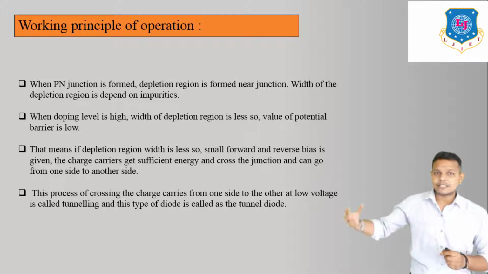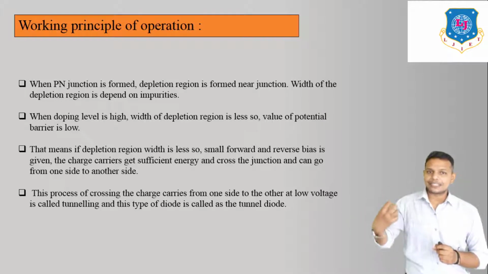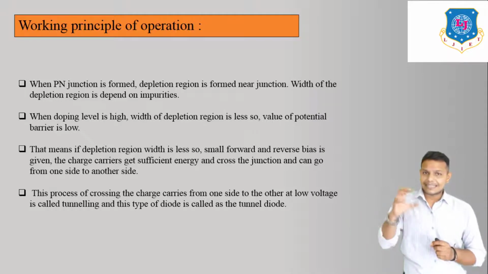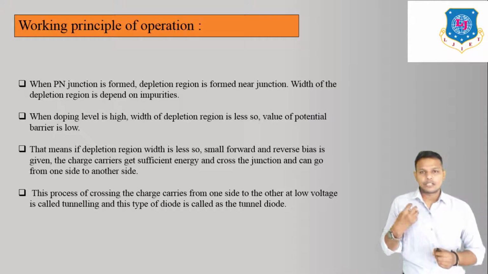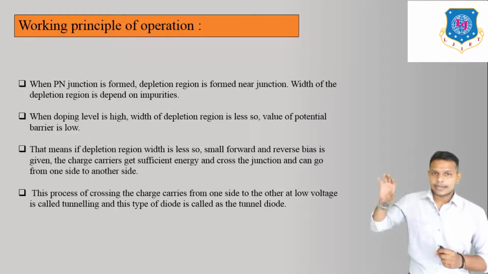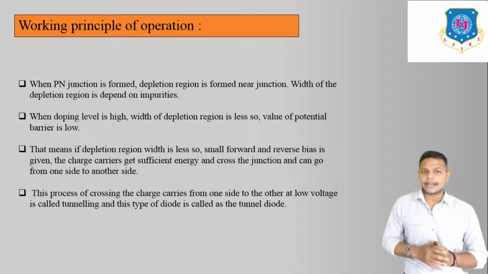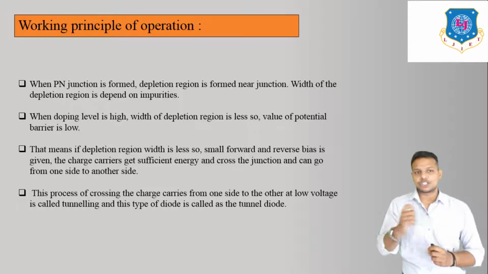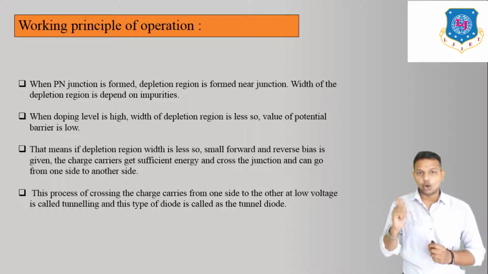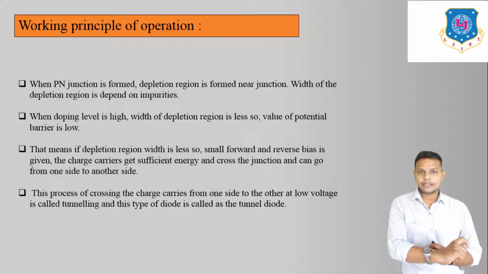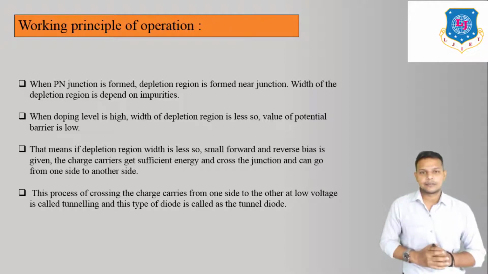Here we can see that if the depletion region width is lesser, and we apply a small forward or reverse bias, then the charge carriers get sufficient energy and cross this junction and can go from one side to another side.